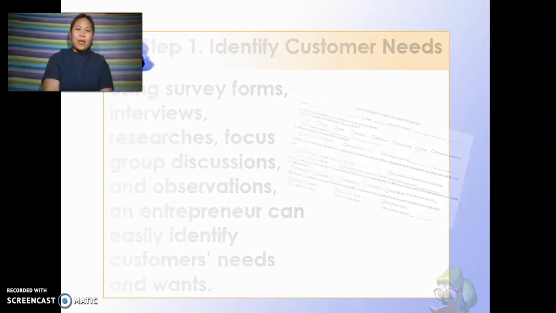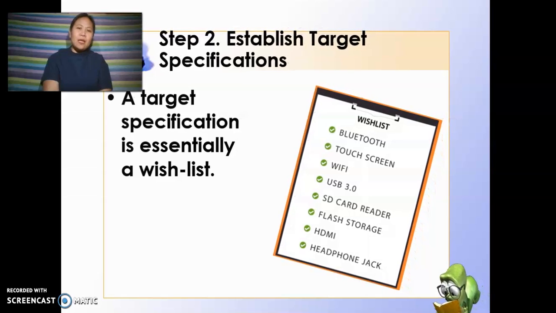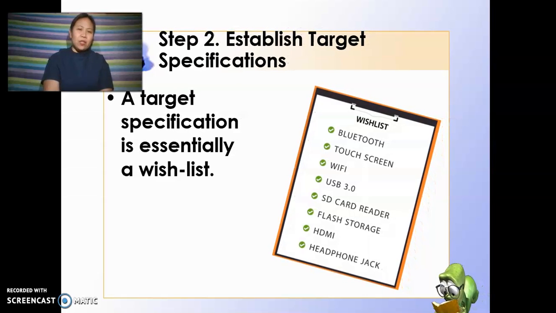Now, after we have identified the customer's needs, we're going to establish the target specifications. This is our second step, or second stage. What do you mean by target specification? This is essentially a wish list.